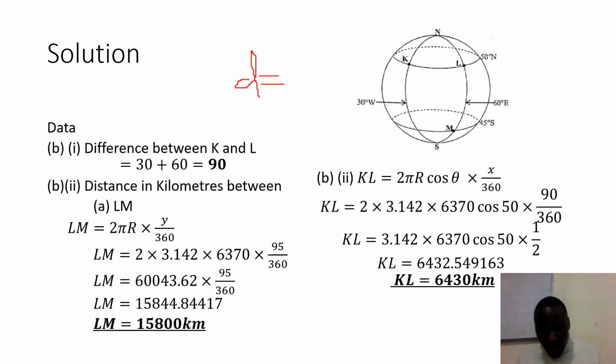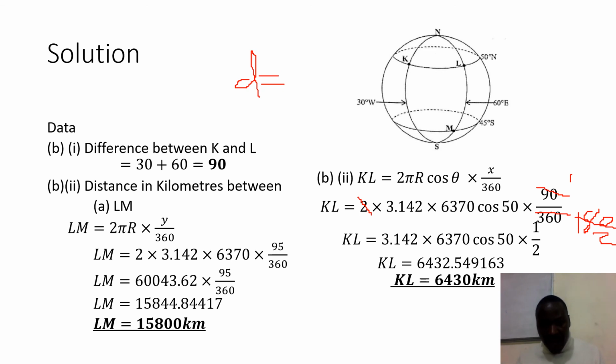When we simplify, 2 into 2 is 1, 2 into 360 is 180, 90 into 90 is 1, and 90 into 180 is 2 times. So it will now be written as KL is equal to 3.142 times 6370 cos 50 times 1 over 2.